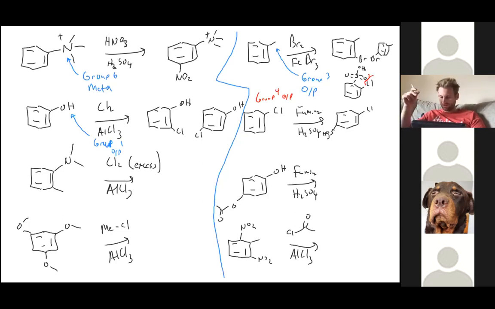All right, now we're starting to get into multiple groups here. This nitrogen still has a lone pair, as opposed to the one up top with a positive charge. So that puts this one into group 1.